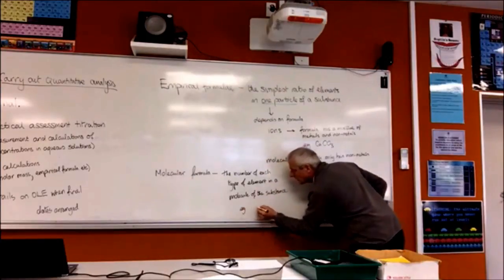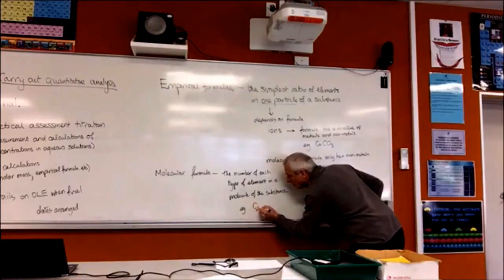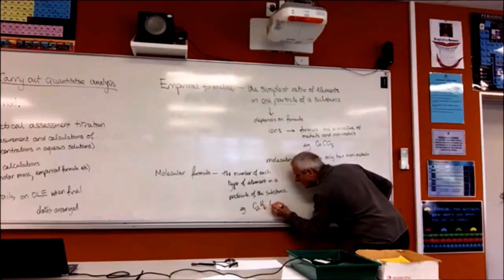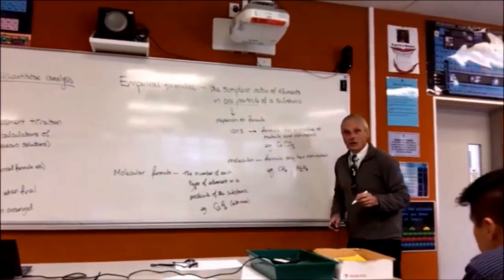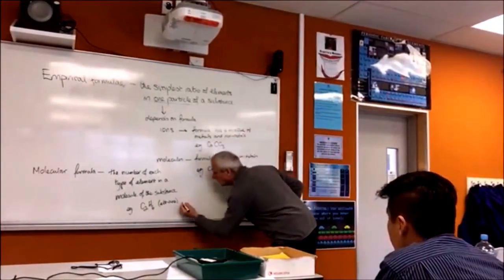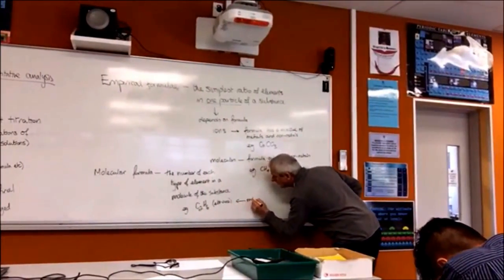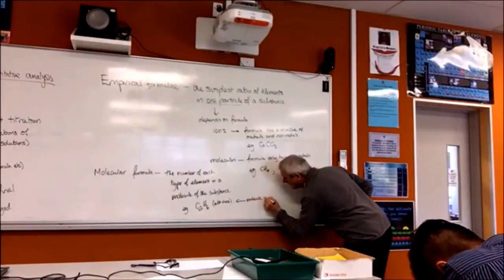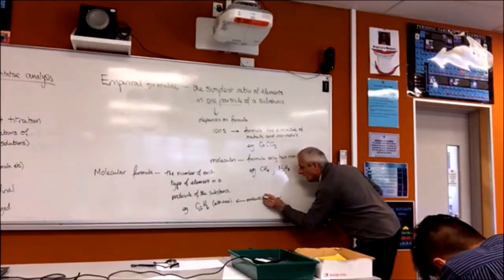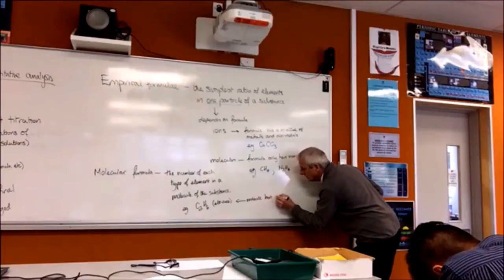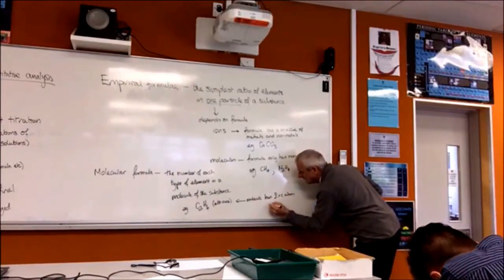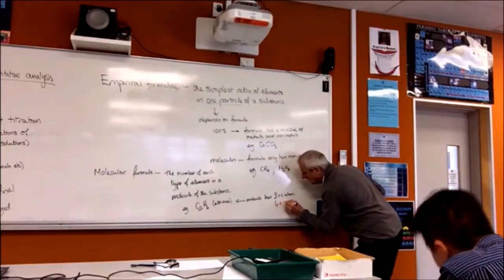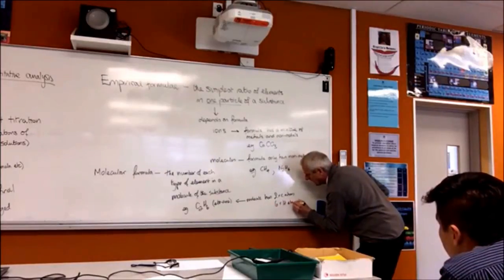For example, C2H6, and that's ethane. And this means that the molecule has 2 C atoms and 6 H atoms.